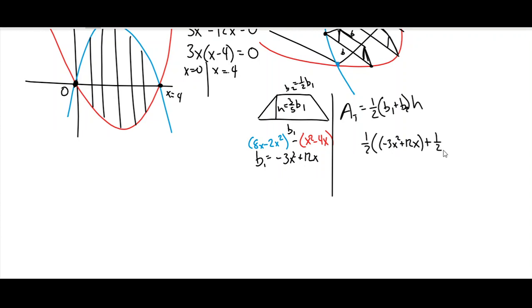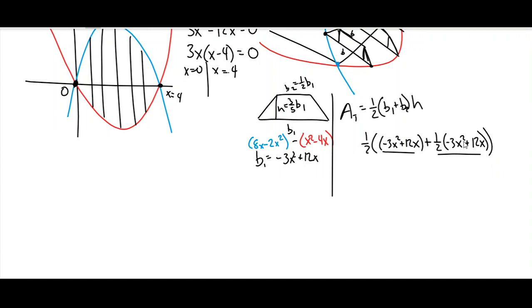So 1/2 times negative 3x squared plus 12x, right? So that's right here. This is base 1 and this is base 2, right? And this is all going to be multiplied by the height.